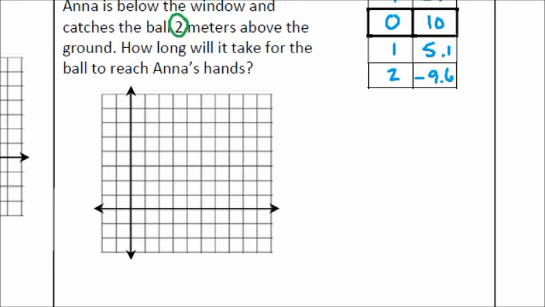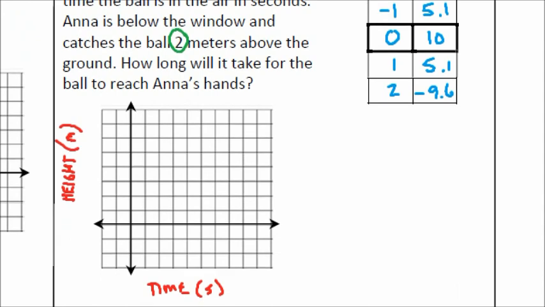And remember, let's label our graph, since we always should do that. The x-axis is going to be time. I'll just put S for seconds, and the y-axis is going to be height, and that's in meters. I'll put M for meters. All right, let's scale. So looks like our highest point is 10.